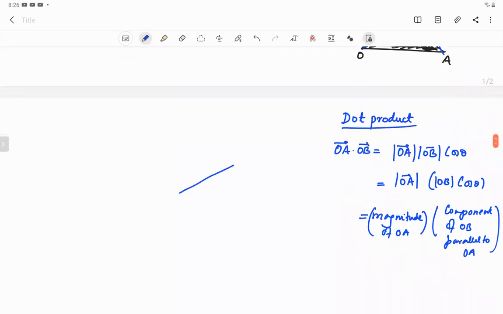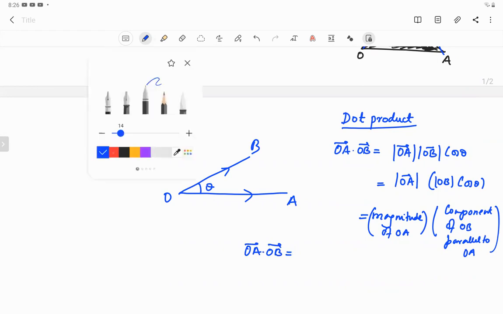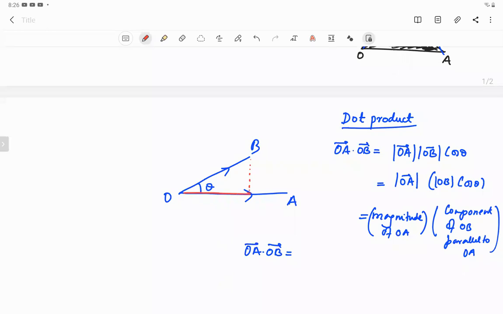It means that if this is OB and this is OA, and if this theta is the angle between them, then the dot product OA dot OB means the product of the length of this red line multiplied to the length of this black line.